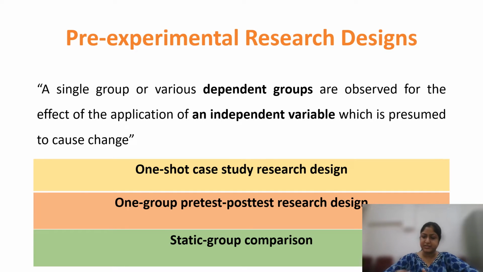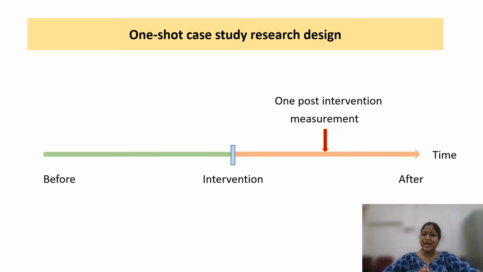In one-shot case study research design, there is one intervention and thereafter only one post-intervention measurement, and it is believed that the change in the measurement is being produced by the intervention that is being carried out.